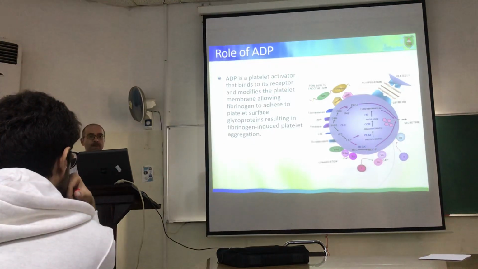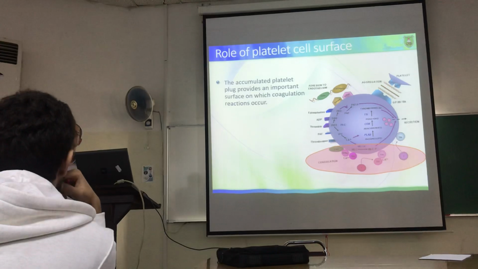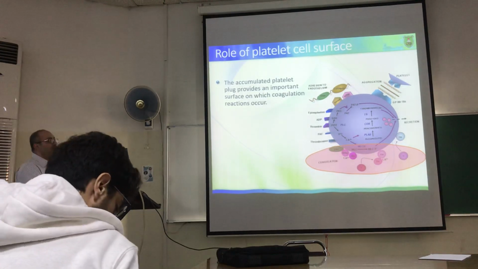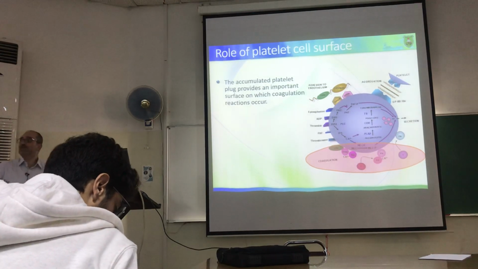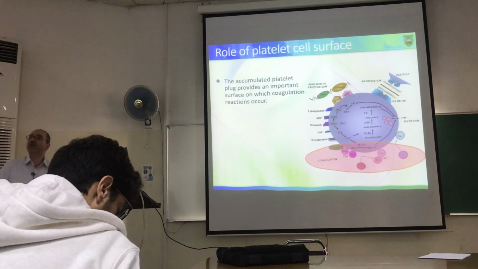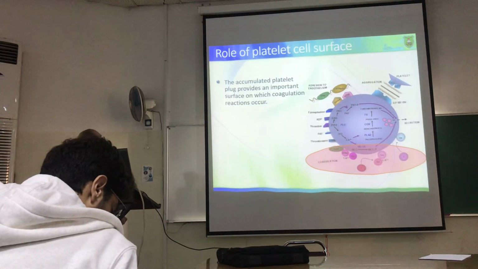And then the other process is the coagulation process, which is what? It's basically a series of reactions that take place on the surface of platelets that result in blood coagulation. We'll talk about the biochemical process right now.